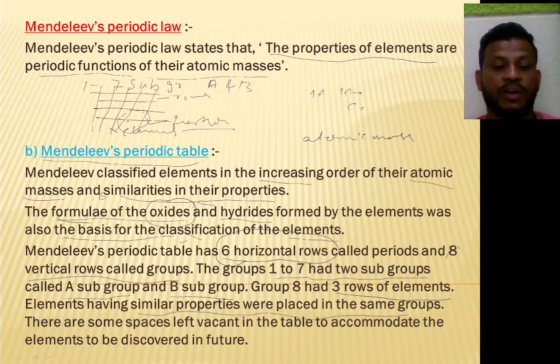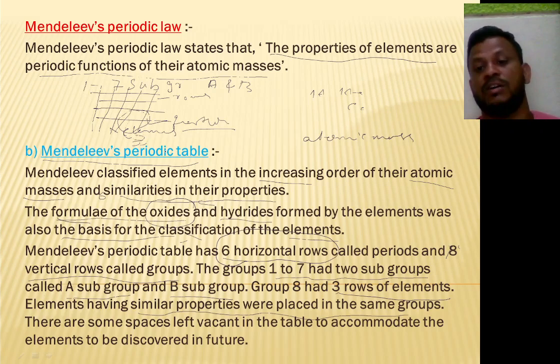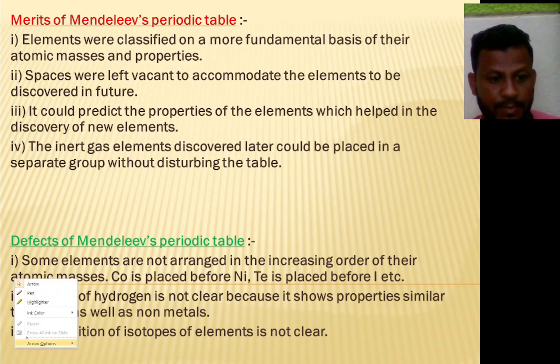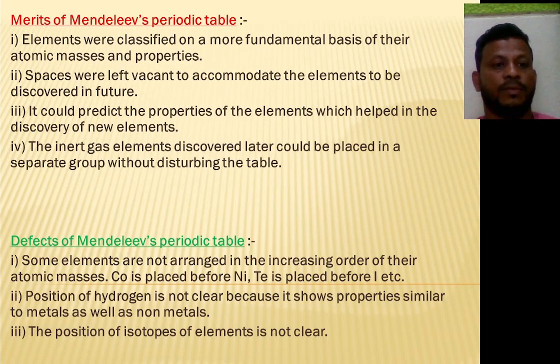The discovered element may be placed according to his plan here, according to the properties and the increasing atomic mass. Let us see the merits of Mendeleev's periodic table. What are the merits? Let us see.